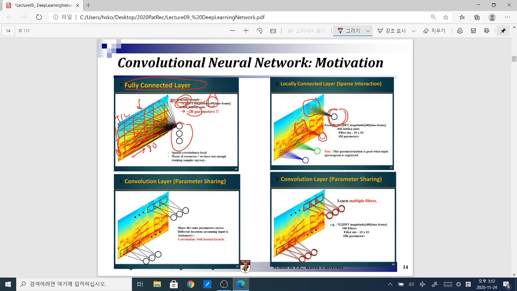Then we have far fewer neurons to look into. Say we have 40,000 hidden units looking at local receptive fields of the entire spectrogram image, that's still 4 million parameters, with the filter size being 10 by 10. So that's still a huge number.